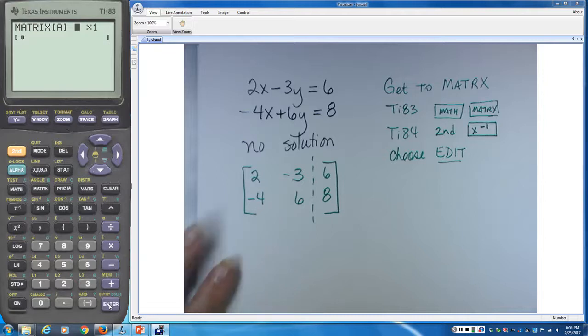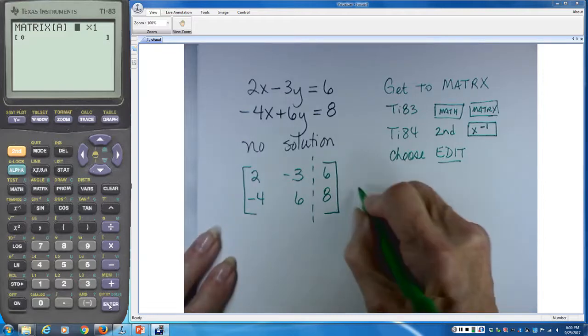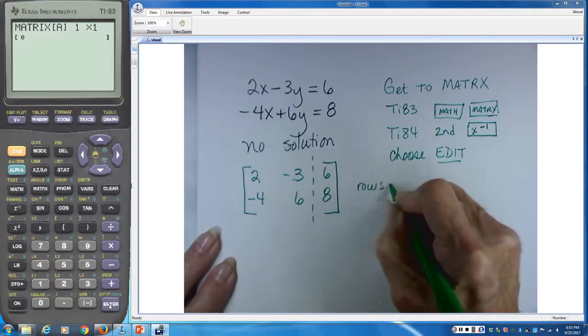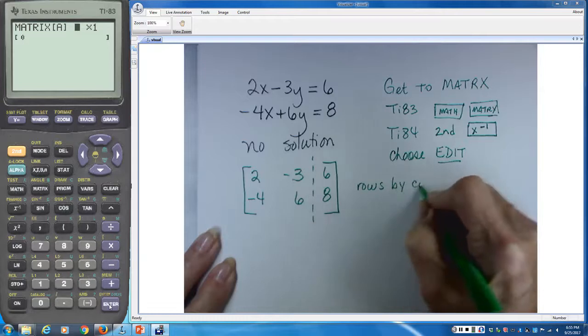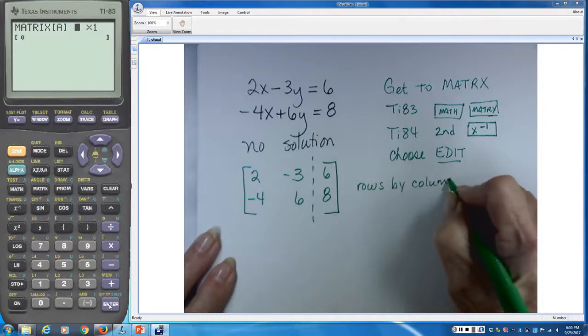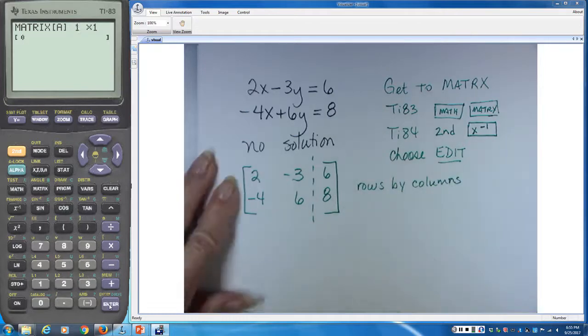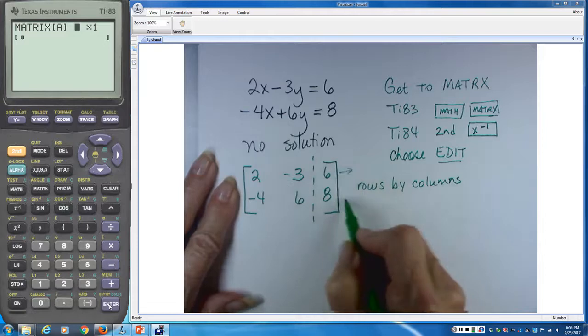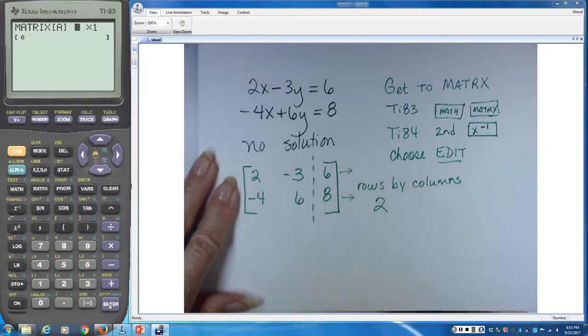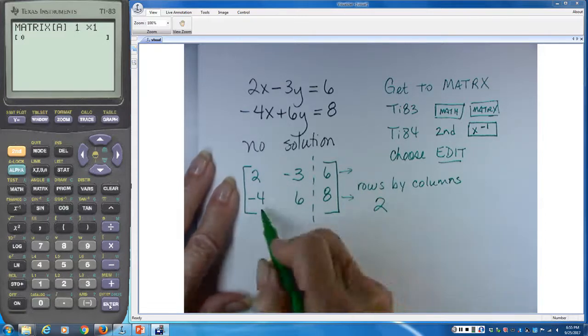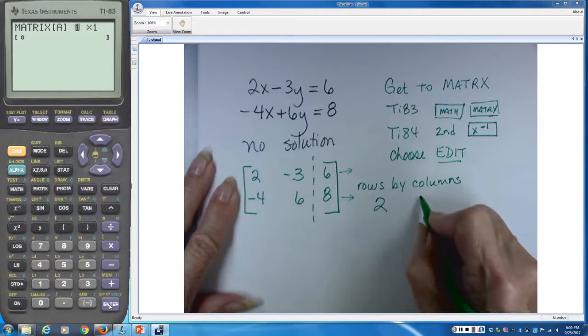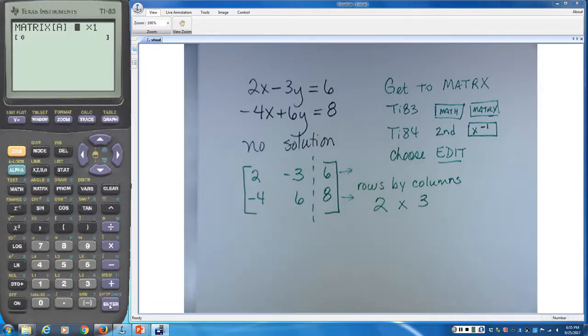But the dimensions of this particular matrix, it's always rows by columns, and the number of rows we have, remember rows go across the field, is 2, and the number of columns we have is 3. So this is a 2 by 3 matrix. That's called its dimensions.